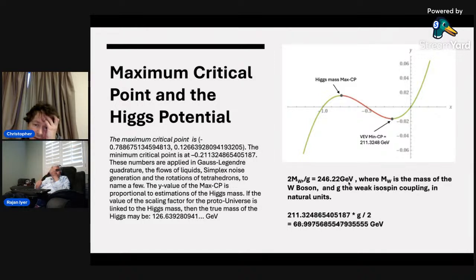We can use this to figure out the mass of the W boson using the weak isospin coupling in natural units.